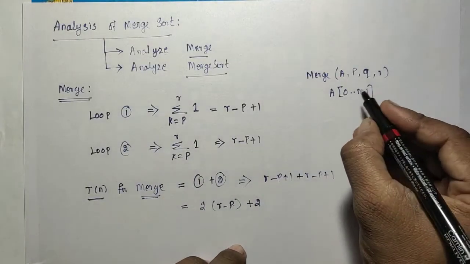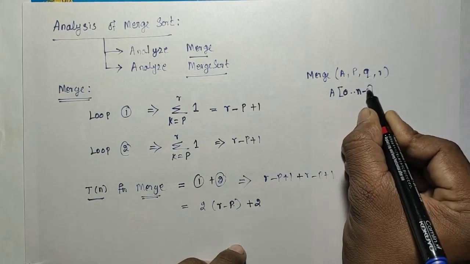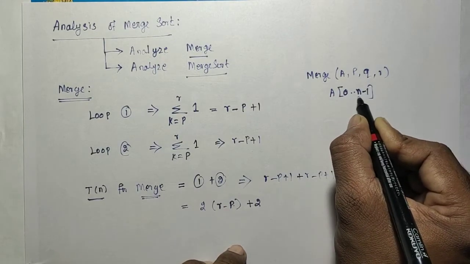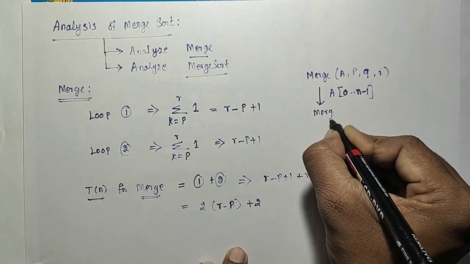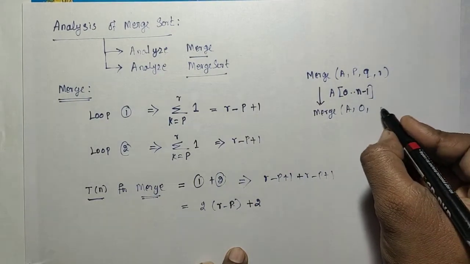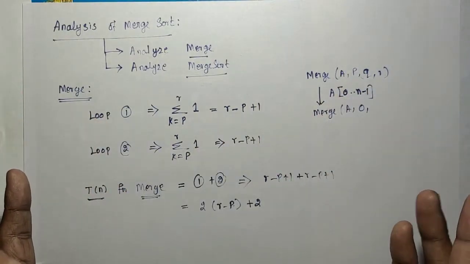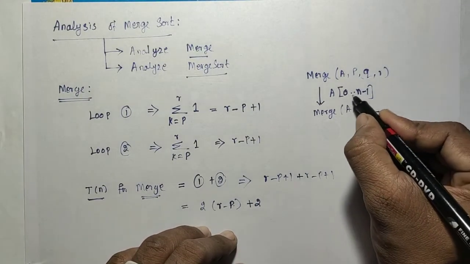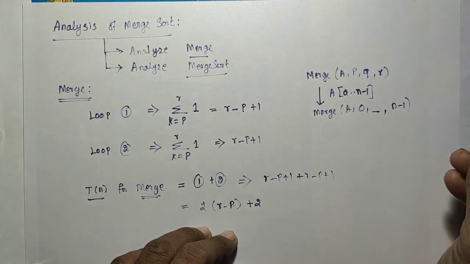So if I want to apply the merge algorithm for the entire array, where all the elements are involved, I need to call merge of a comma, the starting index passed as 0, and q will be the middle element, the value up to which it is divided. The q value is between 0 and n minus 1, and the r value will be the last index, n minus 1.